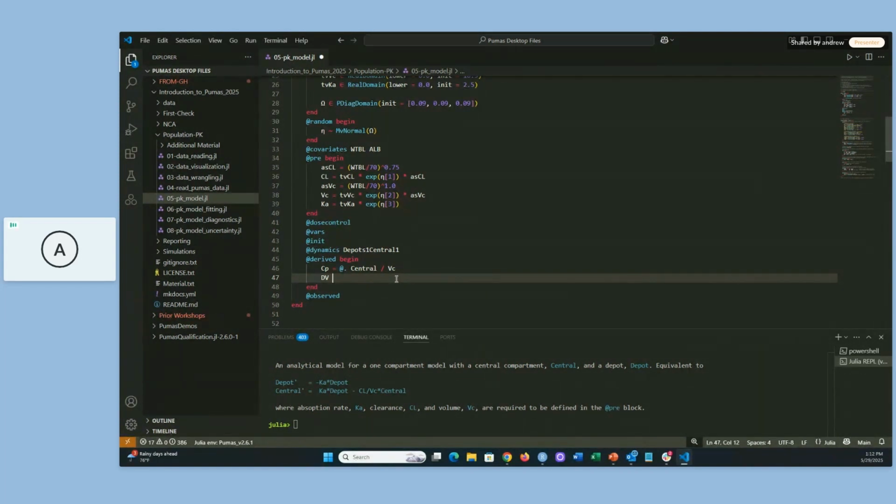But when we define this, it's added variability that we are unable to account for and explain within our models, that can't be explained through the randomness on clearance or volume central. And that variability can take many different forms. It could be additive, where it is a flat rate going across regardless of concentration.